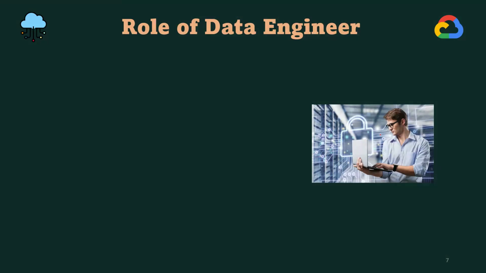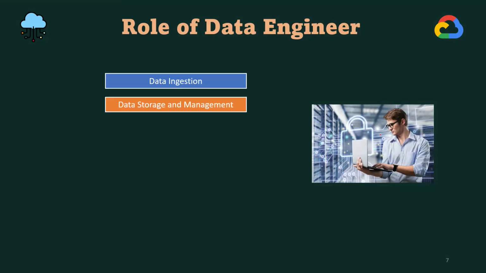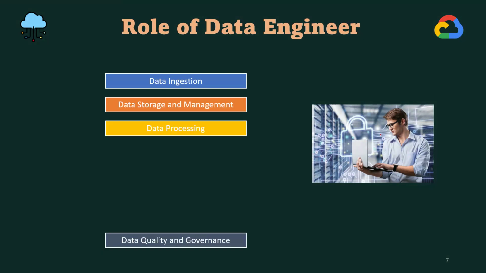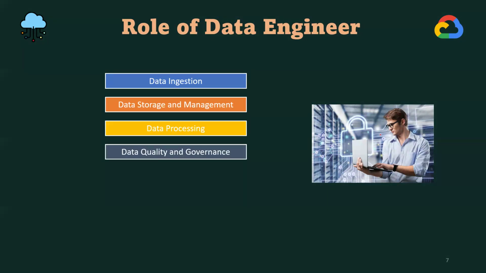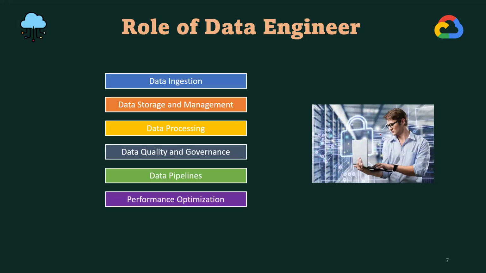As I just mentioned, he may be working on data ingestion, data storage and management, data processing, and data quality and governance. He should work on data pipelines, also work on performance optimization, and should have a good knowledge of monitoring and maintenance activities. So this is the role of a data engineer.